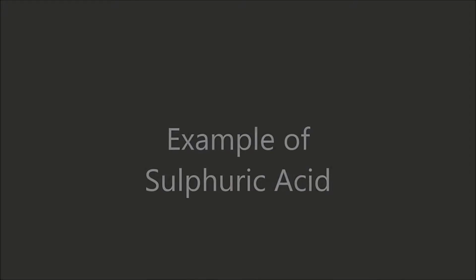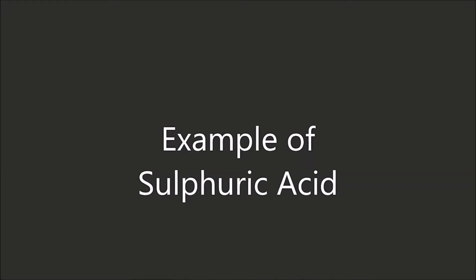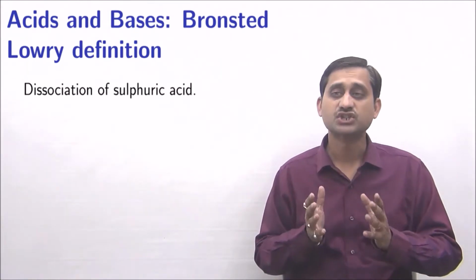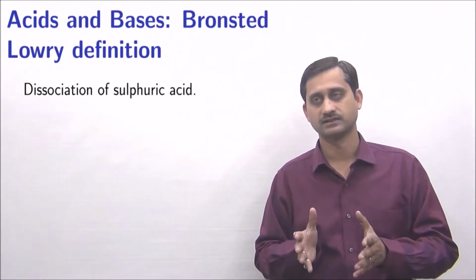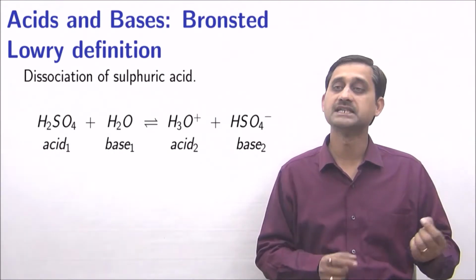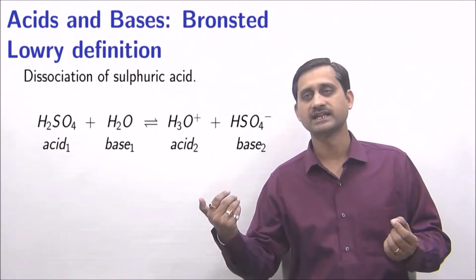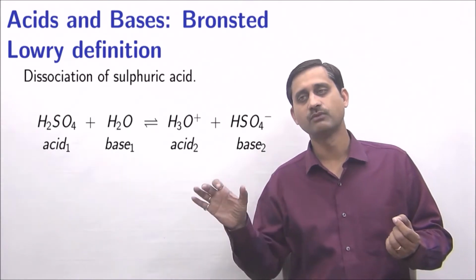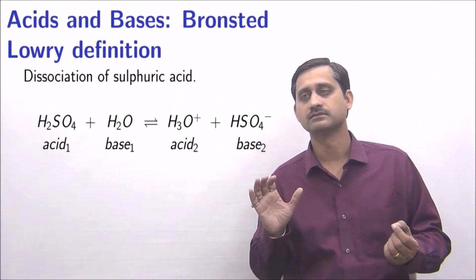Now, we consider the example of sulfuric acid, H2SO4. This is a strong protic acid. On the left-hand side of the equation, the sulfuric acid molecule releases a proton and water accepts it. While on the right-hand side, HSO4 minus is the base.